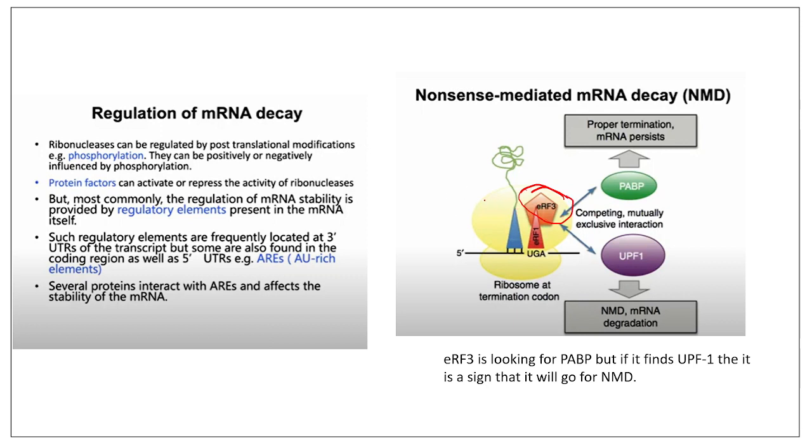If you have studied translation in eukaryotes, you might have read about this factor. In normal cases, because it is a release factor, it will bind to poly A binding protein. That means the translation is completed, and the poly A binding protein has to come.